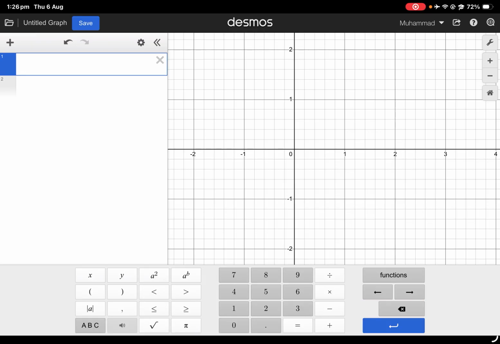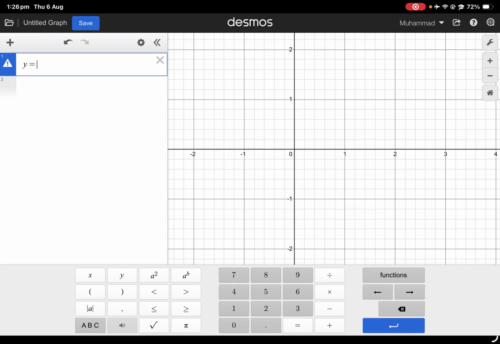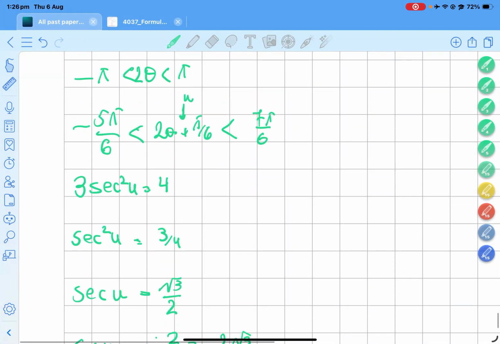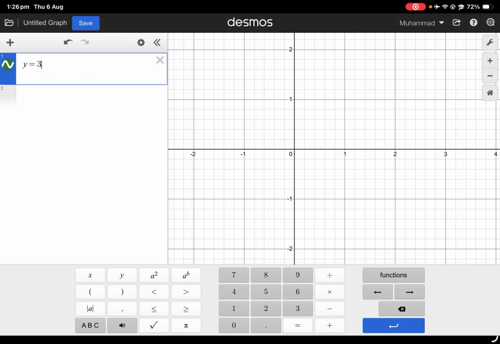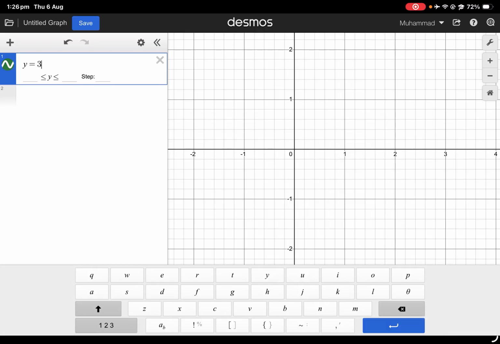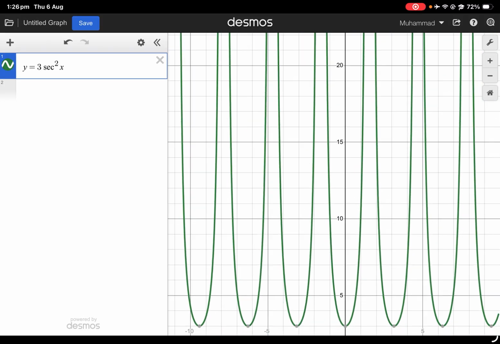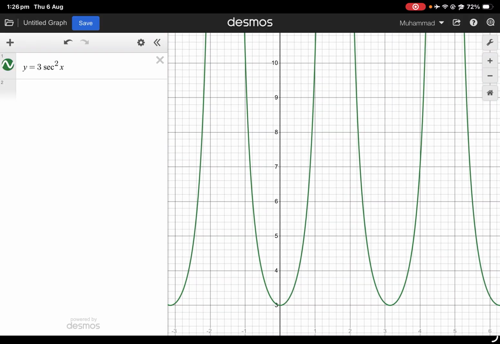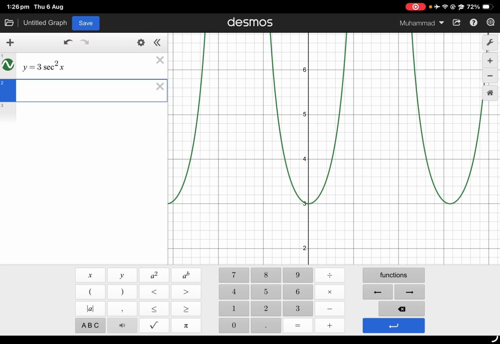So 3y equals, what is the equation? Equals 4, so 3 sec squared x, and so this thing must equal 4.